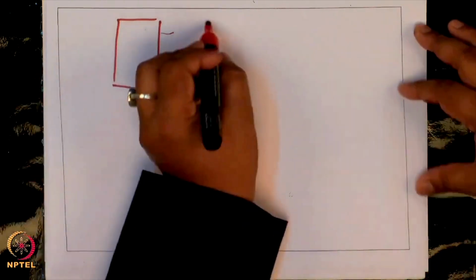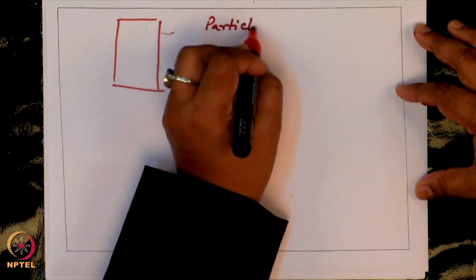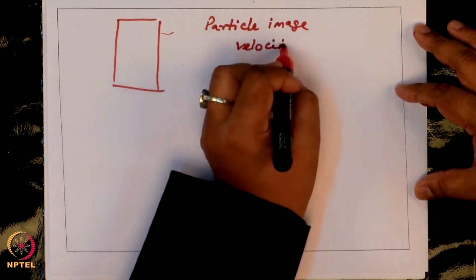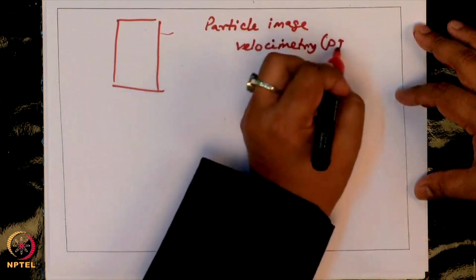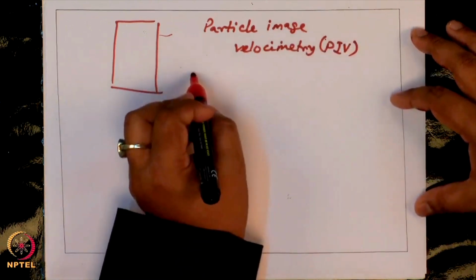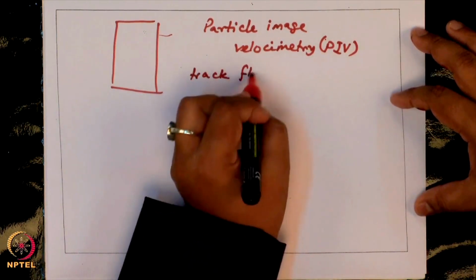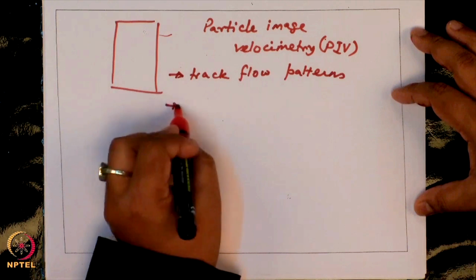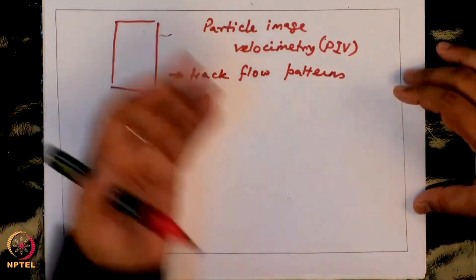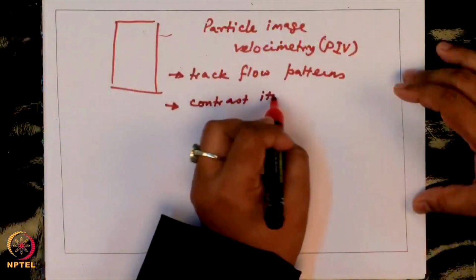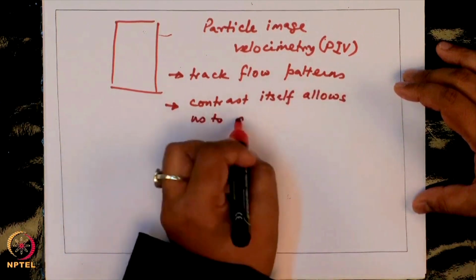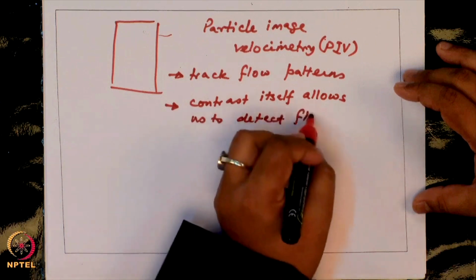And they used a technique called particle image velocimetry, or PIV, that allows us to track flow patterns. Okay. And for an epithelial layer, because there is inherent contrast, the contrast itself allows us to detect flow patterns.